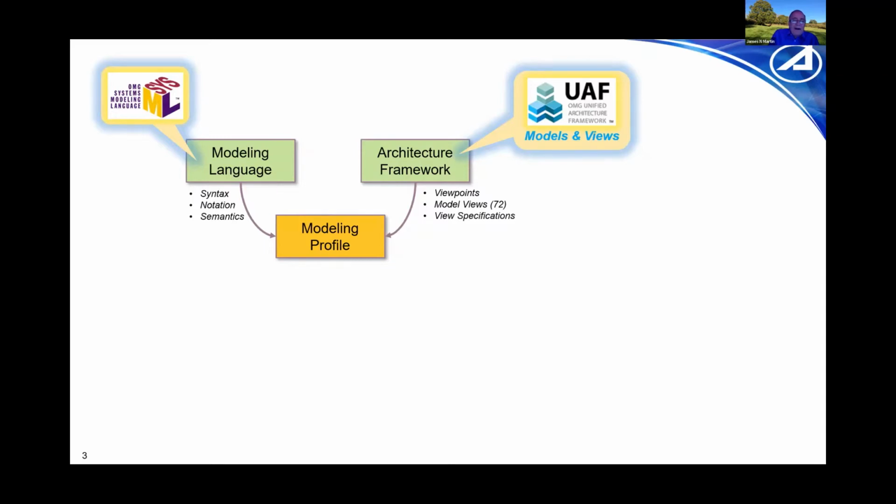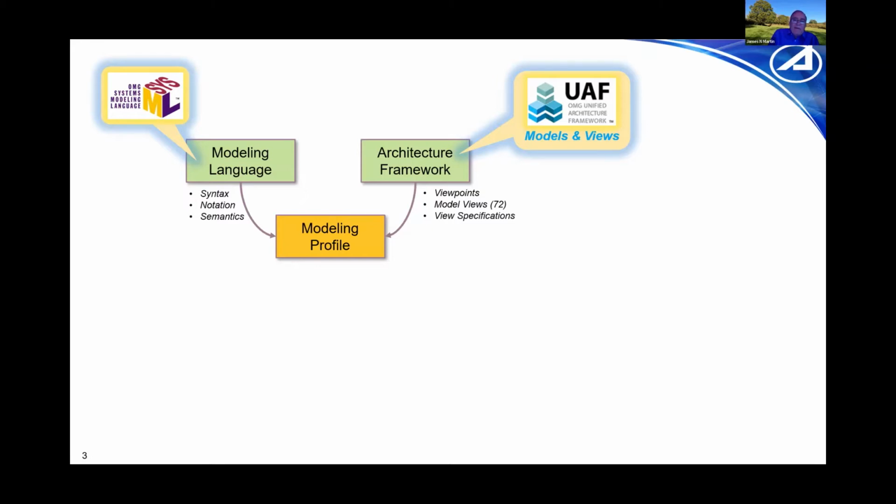Okay, SysML provides the basic elements, like blocks and activities and interfaces and ports and parts of the blocks, those kinds of things. UAF, on the other hand, defines standard views. SysML has 9 standard diagrams, like a block definition diagram, internal block diagram, parametric diagram, and so on.